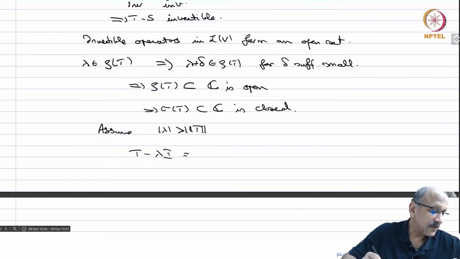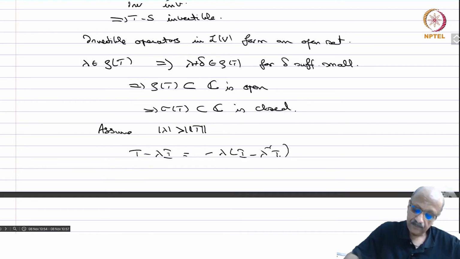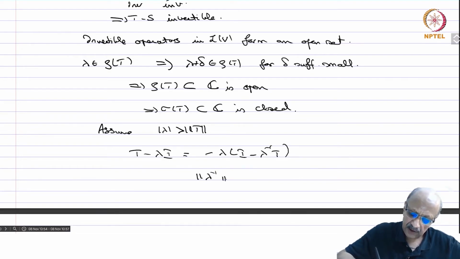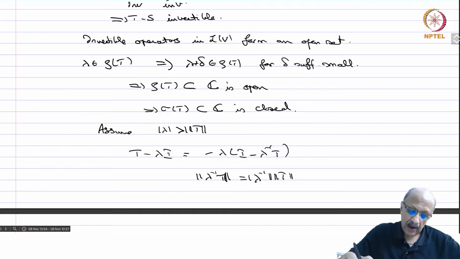This can be written as minus lambda times (I minus lambda inverse T), and norm of lambda inverse T is mod lambda inverse times norm T, and this is again strictly less than 1, because norm T is strictly less than mod lambda.